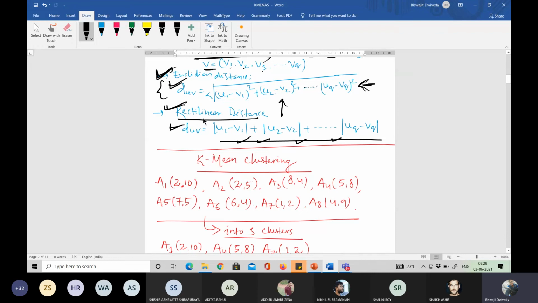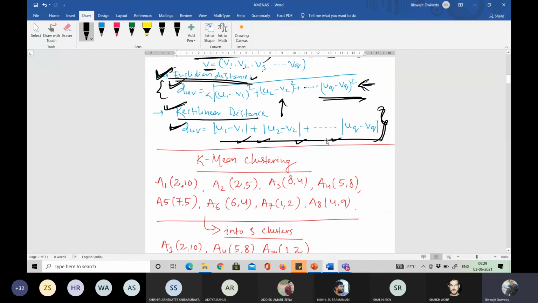But it has less accuracy compared to Euclidean distance, because Euclidean distance gives us the exact distance between 2 points, whereas this doesn't give that accurate a result. But definitely the time consumption of this process is very less compared to the other one.